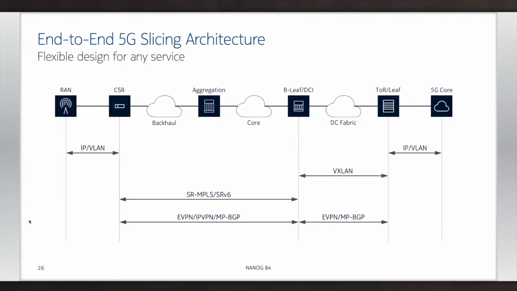Many options, again, pick and choose your favorite technologies. 5G doesn't dictate what you need to use. It's just an IP network with layer 3 VPNs essentially. So we've been building those networks forever, so it's just another case.